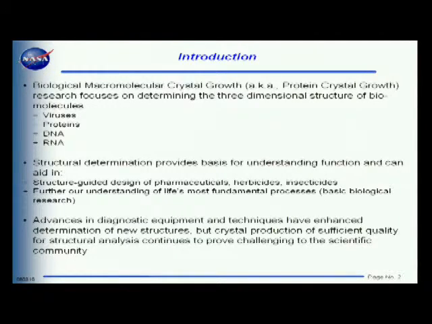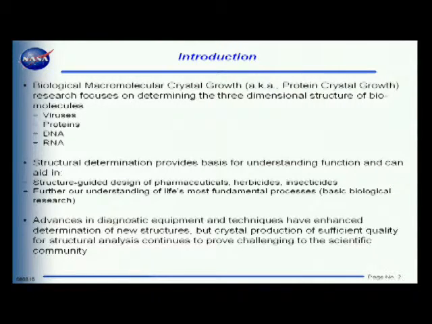Some are beneficial to life, make life possible. Some are detrimental to life. And basically, the goal of PCG, and I'll use that throughout the presentation generically, is to determine the three-dimensional structure of these proteins, and by determining the structure, determining the function of that protein, and either ways to enhance it or to inhibit it.